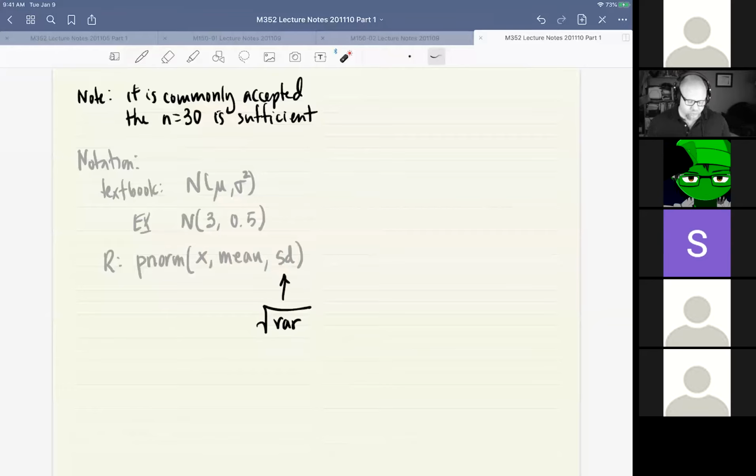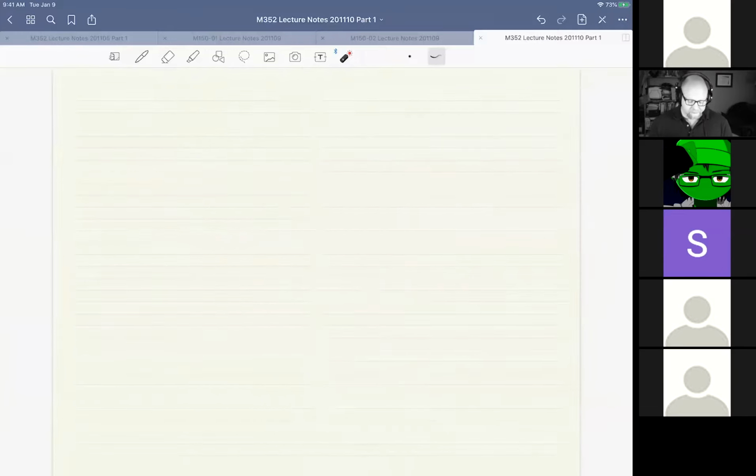Okay, let's do an example of using the central limit theorem. One of the things that I like to do as a professional mathematician is study bats. Bats are hard to study because they fly.